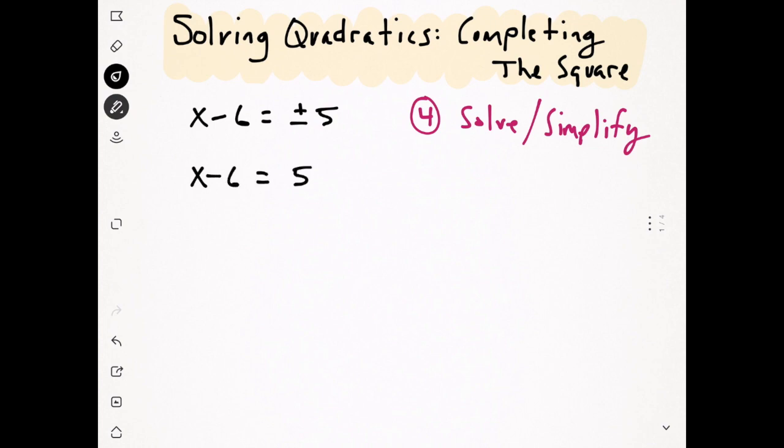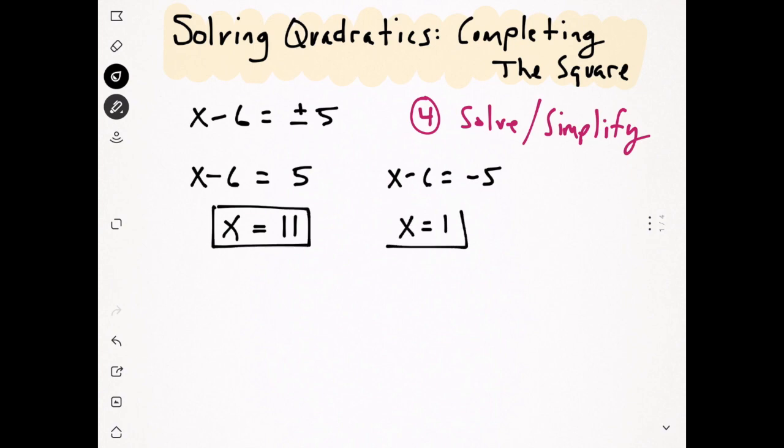And the second equation, we have x minus 6 equals negative 5. If we add 6 to both sides of each, we end up with x equals 11 on the left-hand side, and x equals 1 on the right-hand side. So our two solutions to this quadratic equation are 11 and 1.